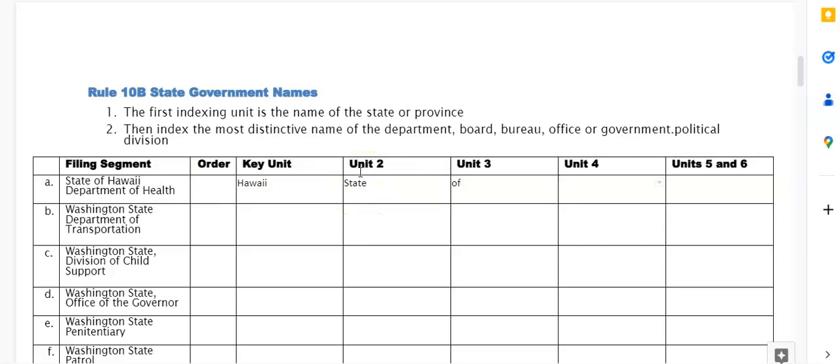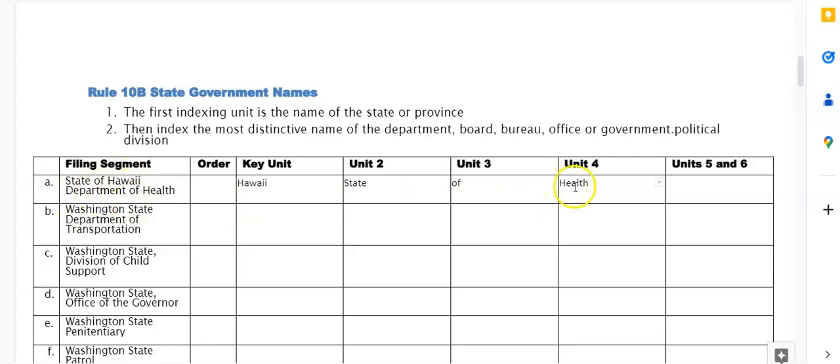Okay. And then you have to take more of that into consideration where it says, then index the most distinctive name of the department, board, bureau, office, or government, or political division. Okay. And so that means that department isn't as important as health. So health is the most distinctive name of the department because you can have a lot of State of Hawaii departments.